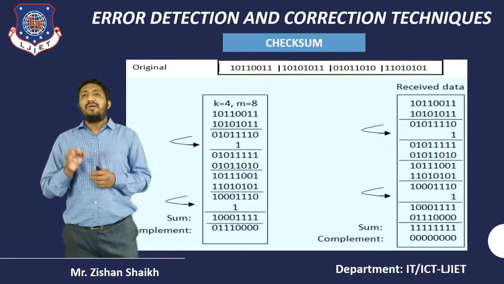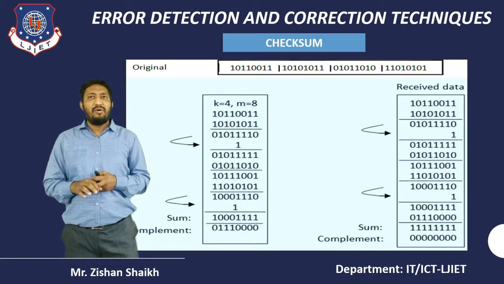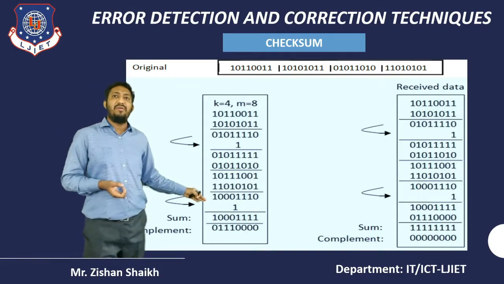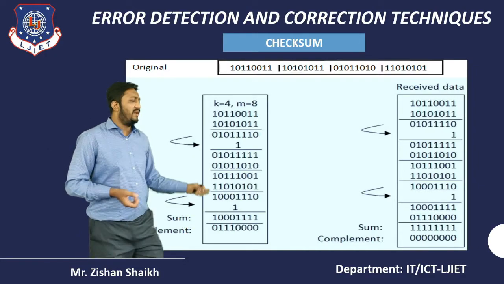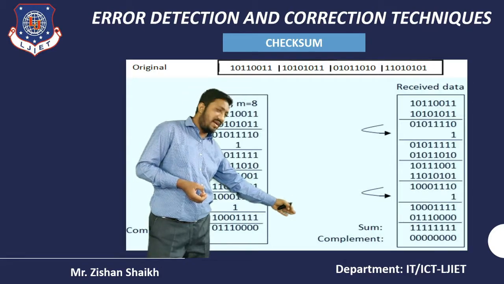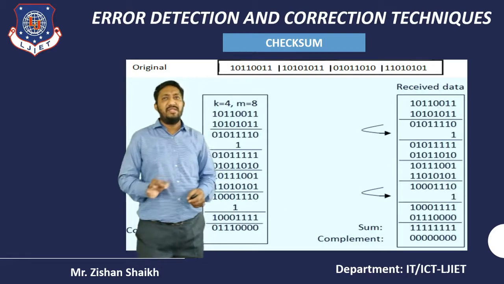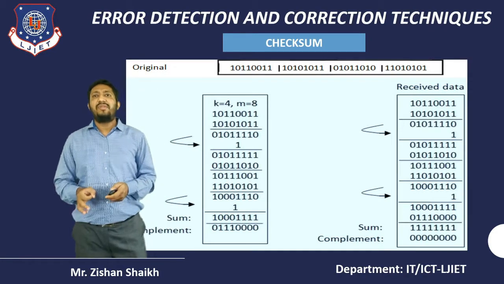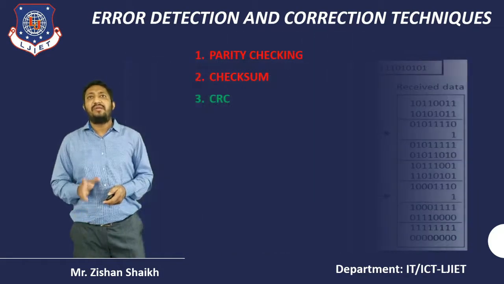We perform arithmetic addition once, and finally find the checksum using the complement method. At the receiver side we add that checksum, and if the complement is 0, the data is successfully received, otherwise it is rejected.